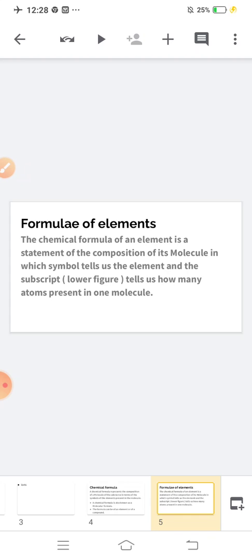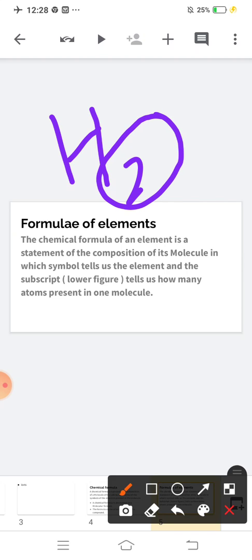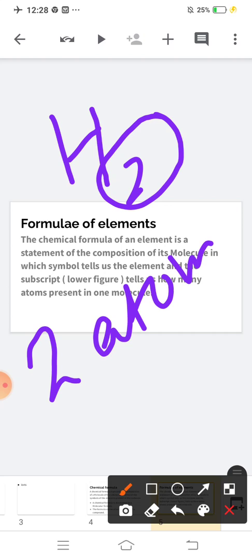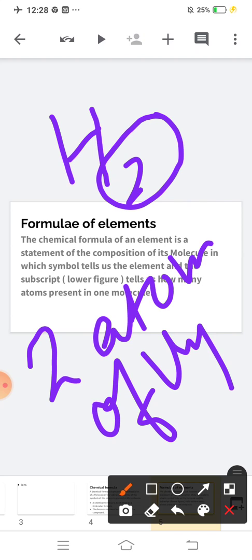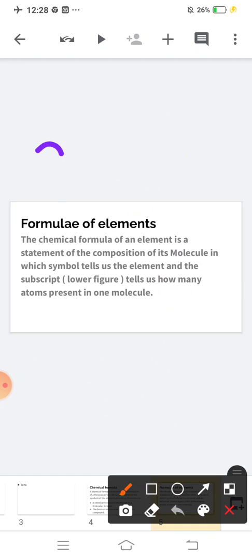For example, if one molecule of hydrogen element contains two atoms of hydrogen, then how will you represent it? You will represent it as H2. This represents that one molecule contains two atoms of hydrogen.